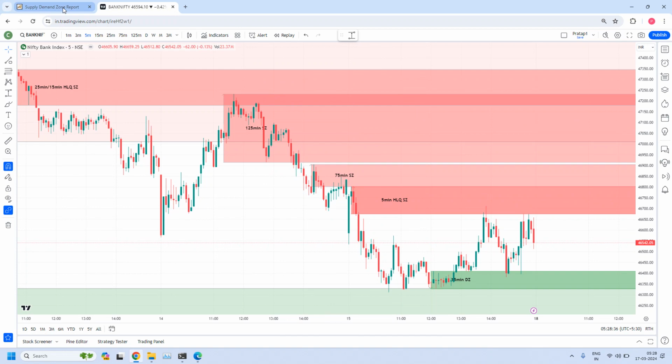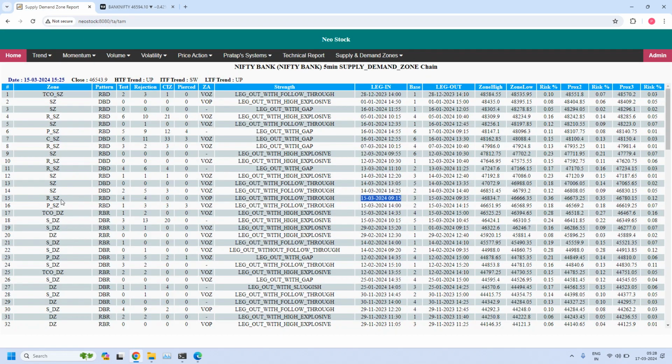The next 5 minutes zone, where is it? The 11th one. It has already been tested 4 times, gave 6 rejections, and legged out with a gap. But it doesn't have zone achievement. Even then it did the work, because high liquidity zones work like that only.